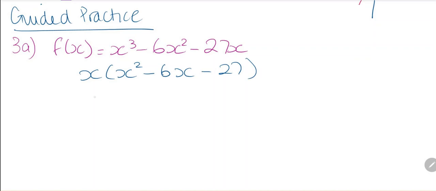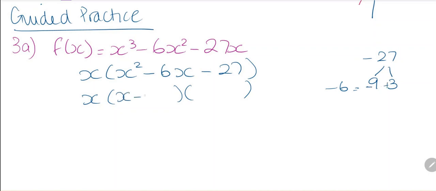Then we're looking for the common factors of minus 27: we have 9 and 3, and we need it to equal minus 6, so it'll be minus 9 plus 3. So x minus 9 and x plus 3.